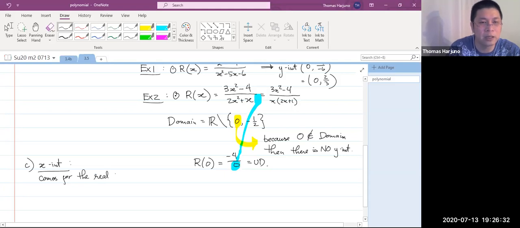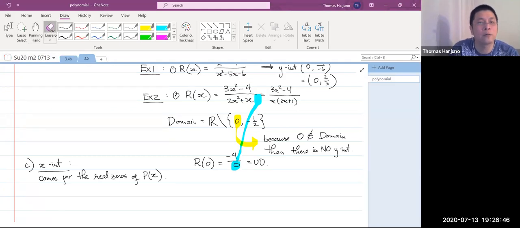So you need to find the zeros, but the zeros have to be real numbers. The x-intercepts come from the real zeros of Px. So to find the x-intercepts, you need to first find the real zeros of Px.